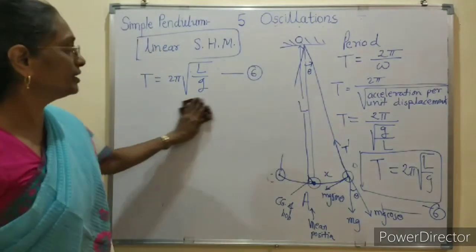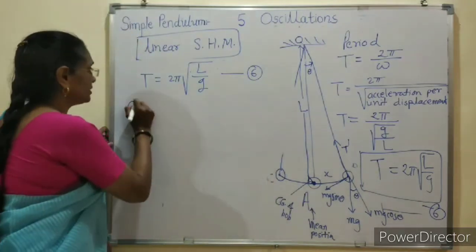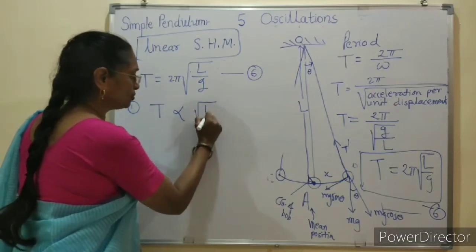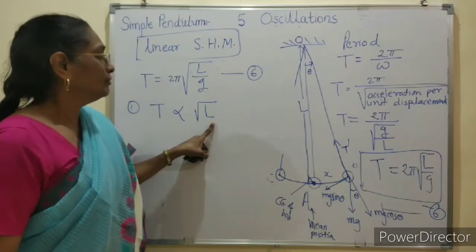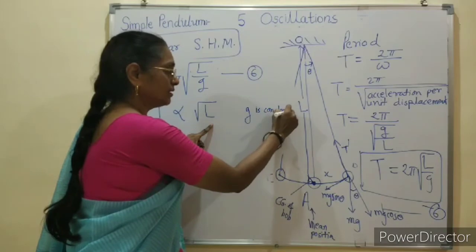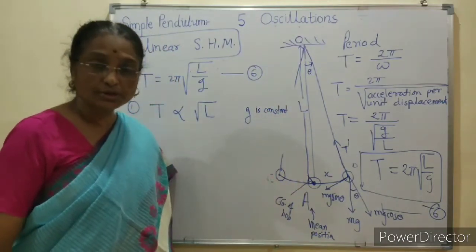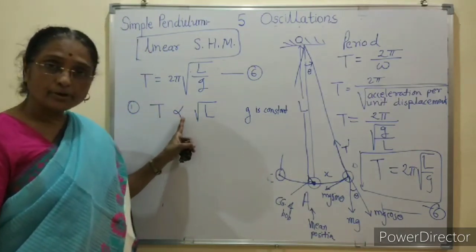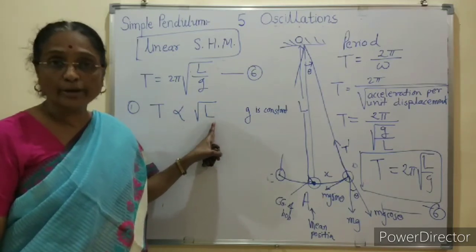Now from this equation also we conclude some points. The first point is that T is directly proportional to square root of length of pendulum when G is constant. So at a given place, G, meaning acceleration due to gravity, is constant. We can say that period of simple pendulum is directly proportional to square root of length of pendulum.